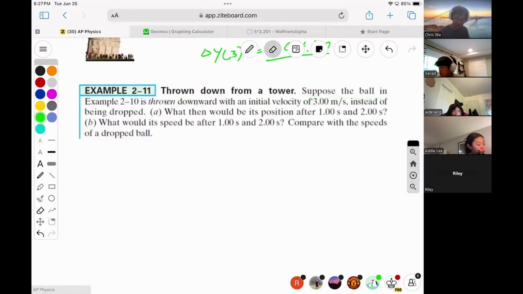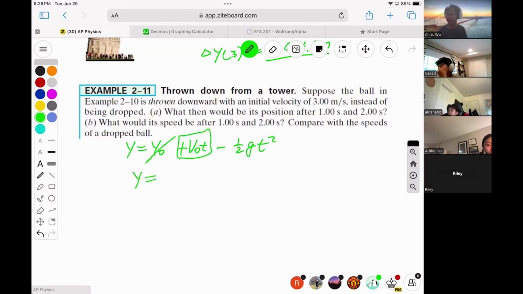Suppose that the ball is thrown downward with an initial velocity of 3 meters per second instead of being dropped. What then would be the position after that? In this case, I'm still using the same equation: y is equal to y naught plus v naught t minus 1/2 g t squared. So y naught is still 0, but v naught is no longer 0, because now I give it an initial speed. Not only am I dropping it, I'm literally throwing it down. I really hate that rock.